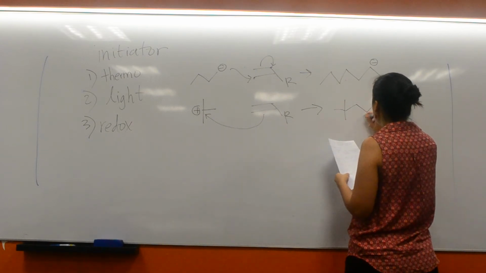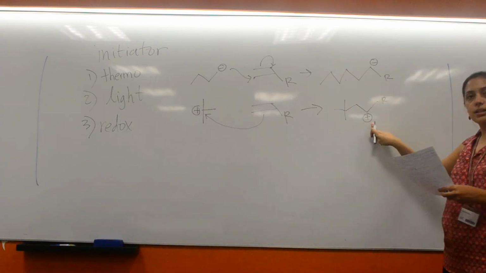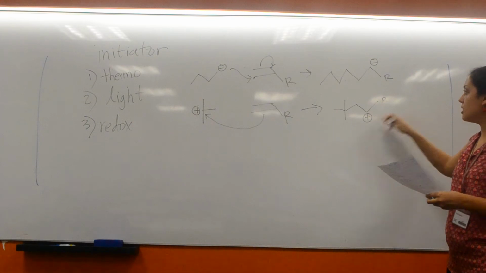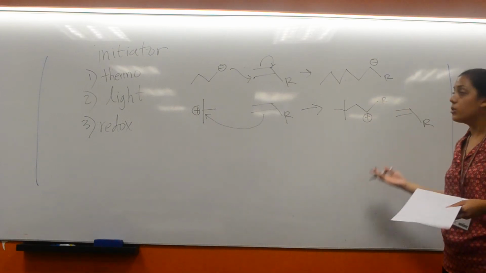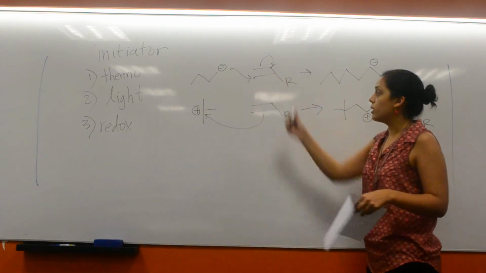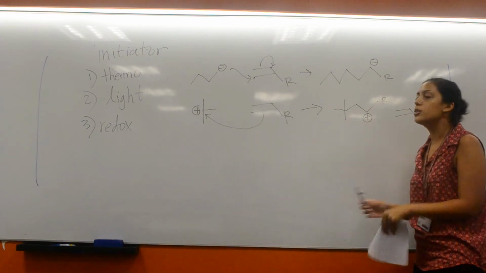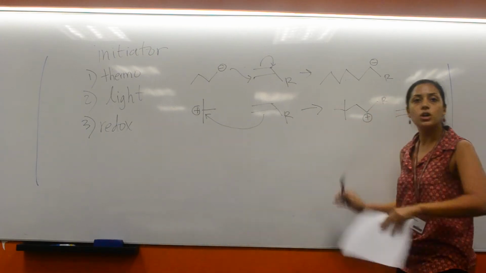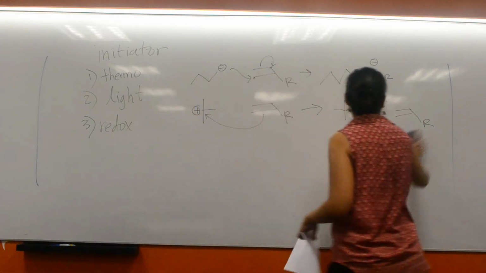Right? And now this carbon is positive. So this guy is going to initiate the reaction with the next alkene, and so on. So, similar reactions, just different ones with the nucleophiles, because one is more negative than the other. But similar, you have your initiation, your propagation, your termination. Same as with the free radical reaction.